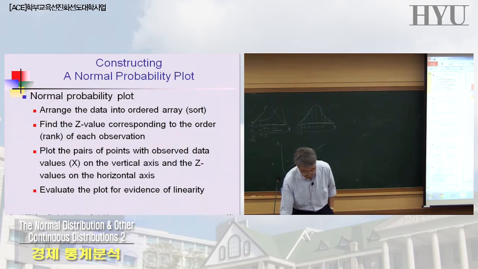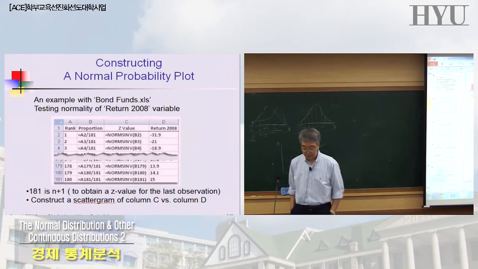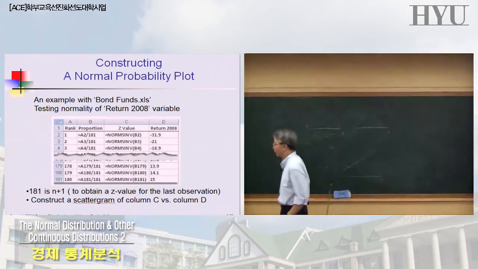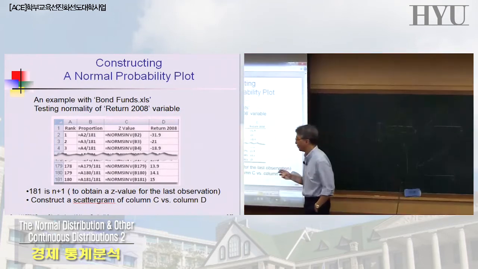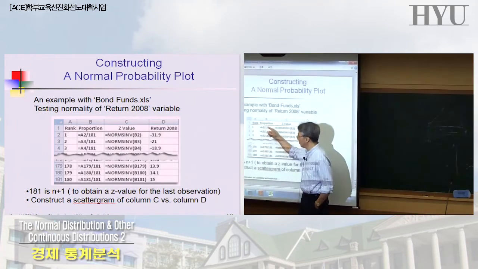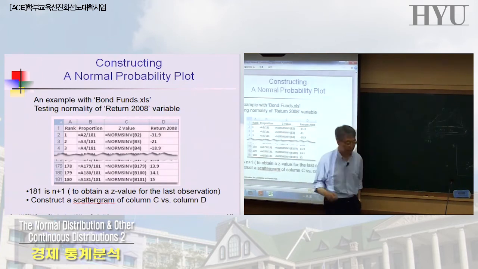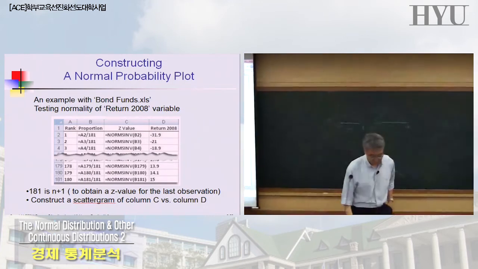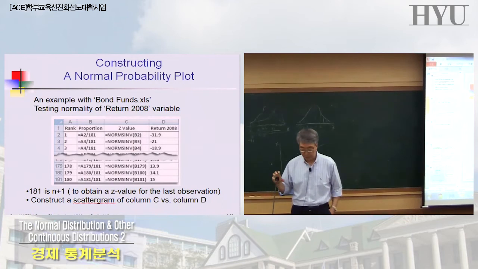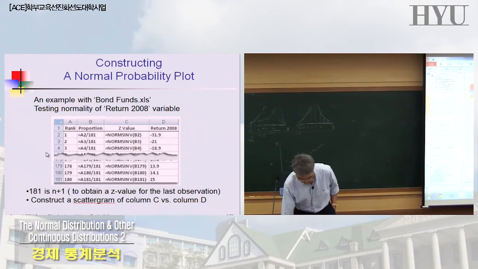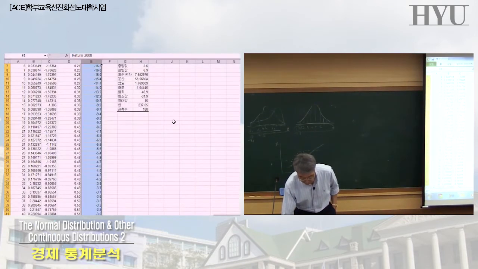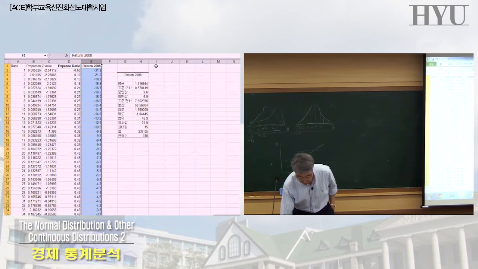Where is the next slide here? Okay. So here you should get the idea. Okay. Create 3 columns. Okay. You don't have to use the exact column names, but rank, proportion, z-value. Okay. And for rank, you start from 1 down to the total number of observations. Okay. So in this particular data, we have 180 observations. So let me just recreate this here.